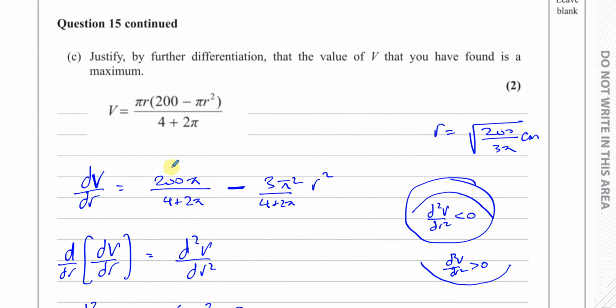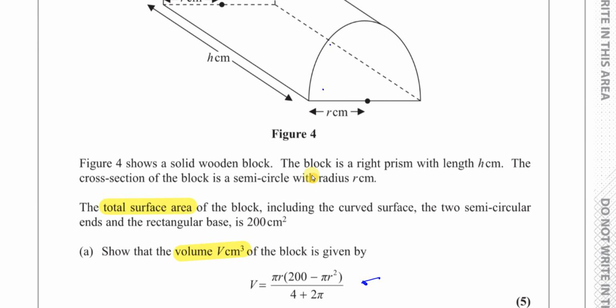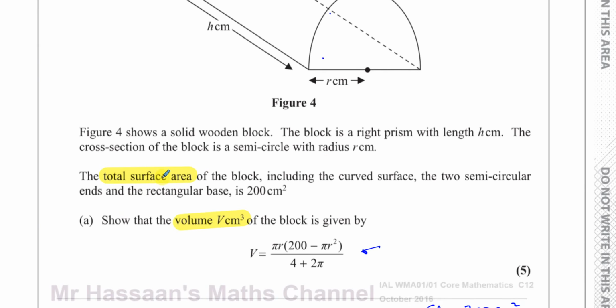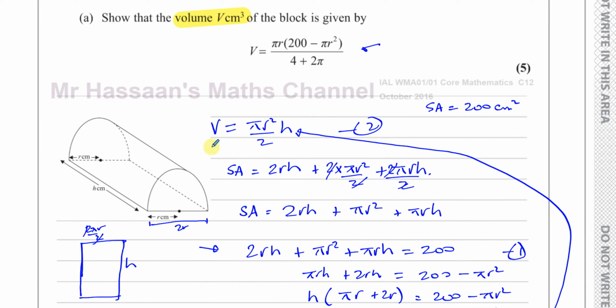Very, very important. So there we have a very typical type of question from P2, about optimization problems. As I mentioned, they always give you two different quantities, from which you can form two equations. One of them will be an actual equation, the other one will be the expression that you normally have to show.